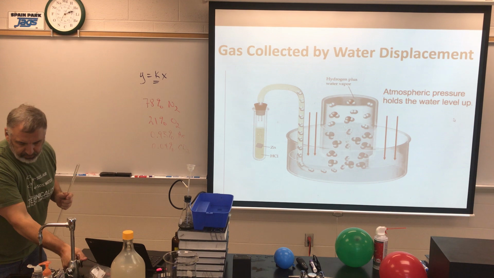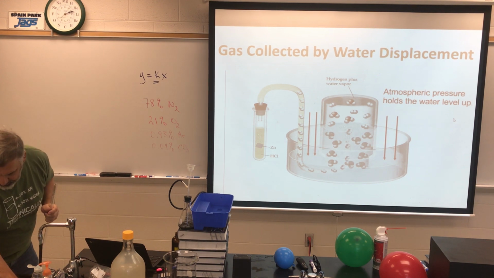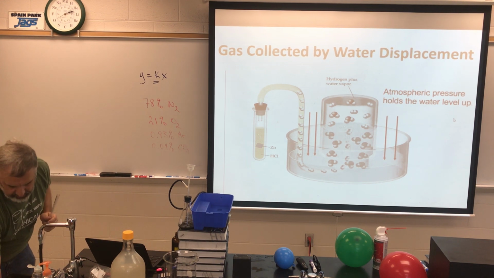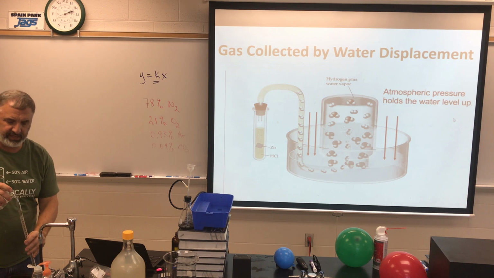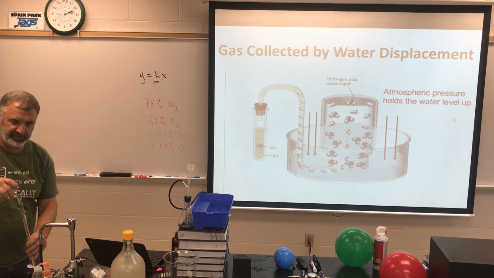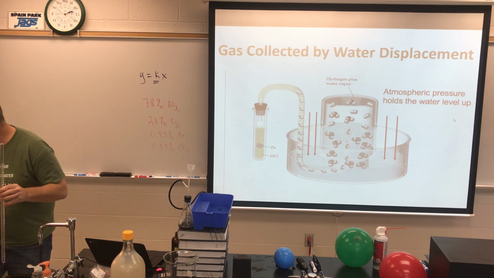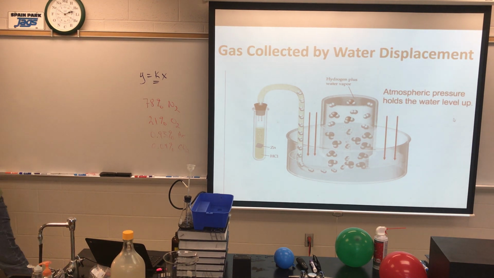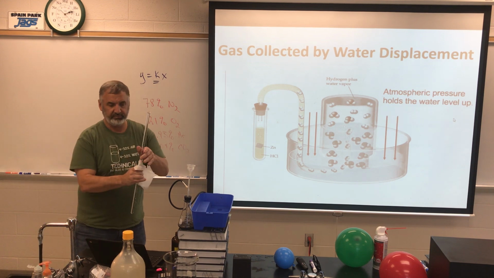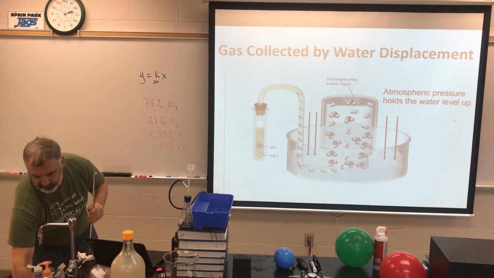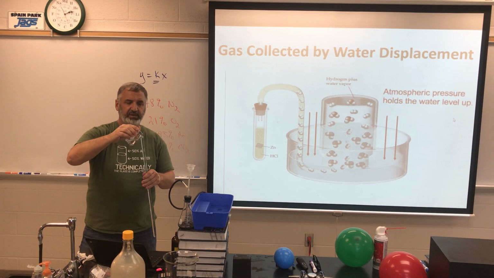So I'm gonna fill it up with water to the tippy top. You may not be able to see me, I'm not sure I'm in the camera, okay? I'm gonna fill it up. Oh, some spilled out. Gotta fill it up to the tippy top, no air bubbles.